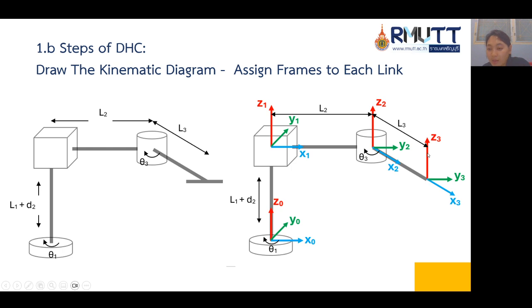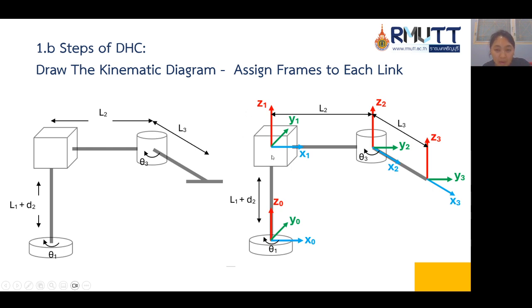And the last, this is the end effector. The z-axis is aligned with z2, and z2 is also aligned with z1, but z1 is in line with z0.